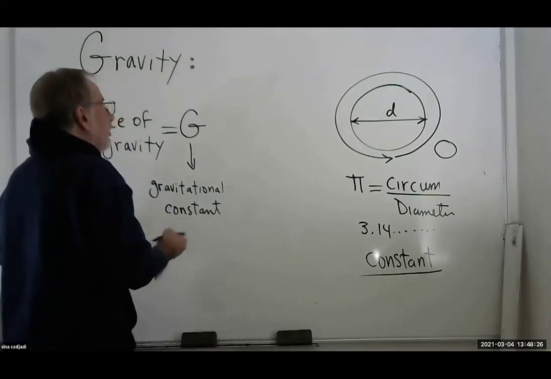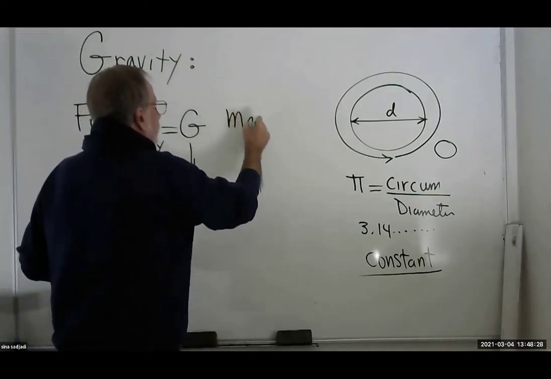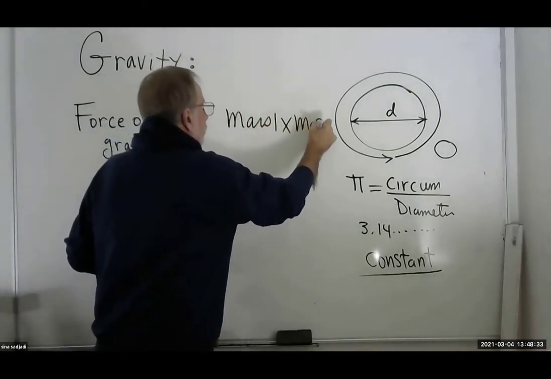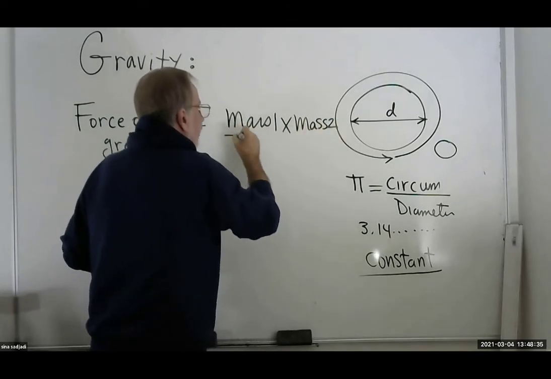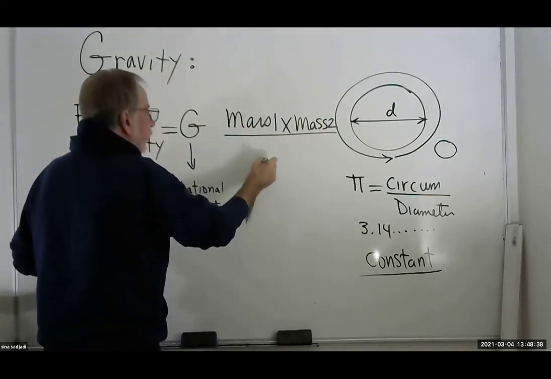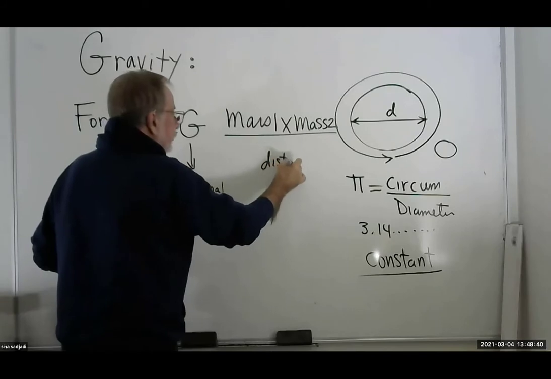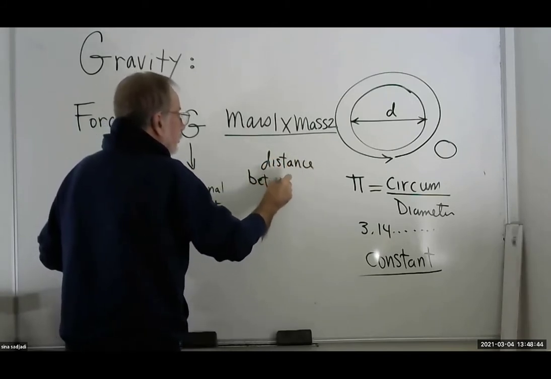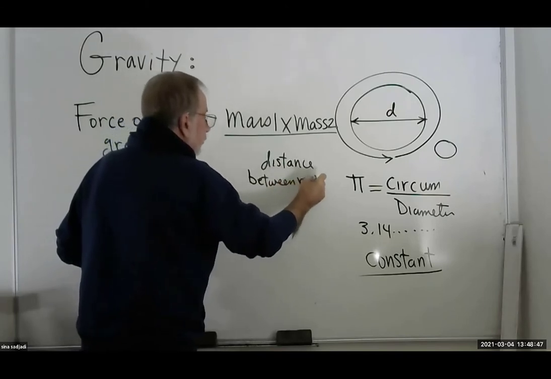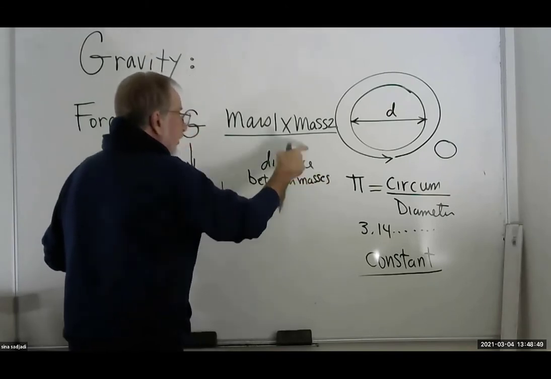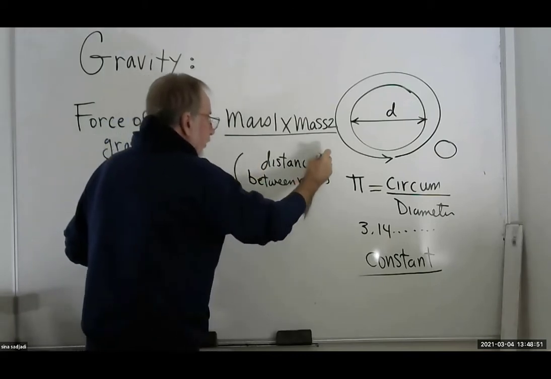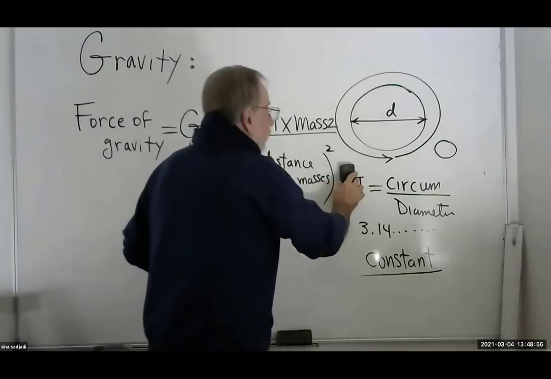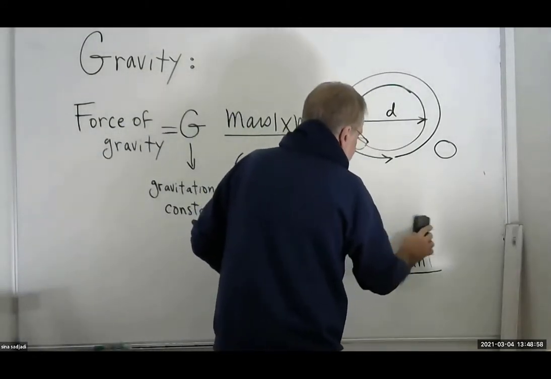All right, so then we have mass 1 times mass 2 divided by the distance between masses, that's mass 1 and mass 2, to the power of 2. So I'm going to rewrite it so you can see a little easier now.